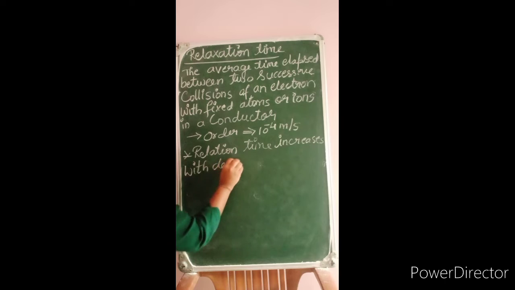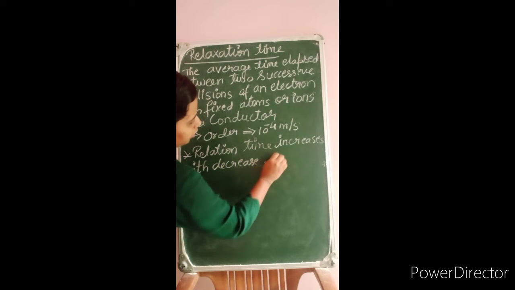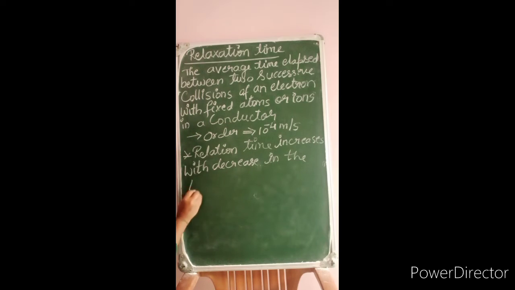The average time elapsed between two successive collisions of an electron with fixed atoms or ions in a conductor is called the relaxation time.